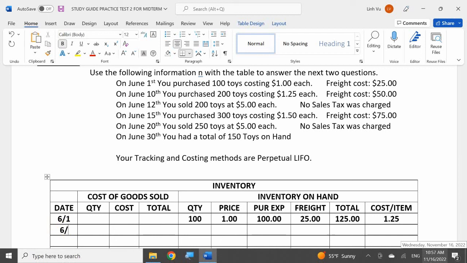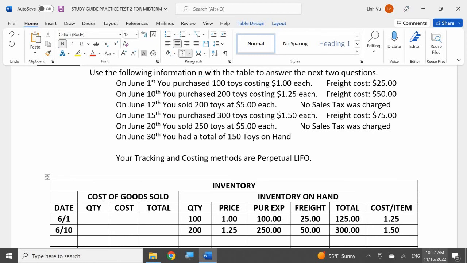So June 10, we purchase another 200 units at $1.25, which gets you $250. Plus 50 will give you 300, which will give you $1.50 each. Calculations from above. Now here's what's different.